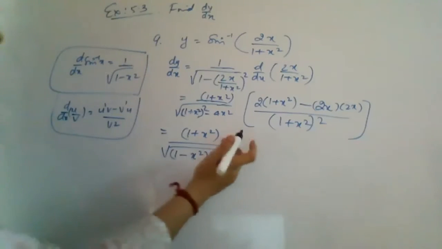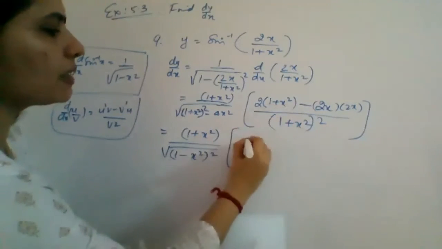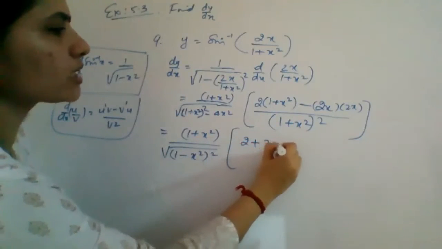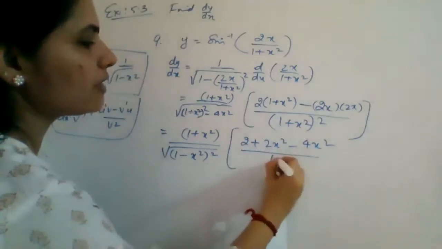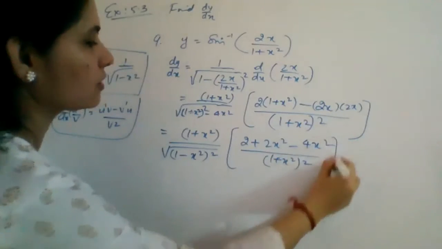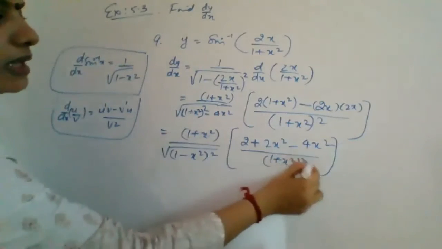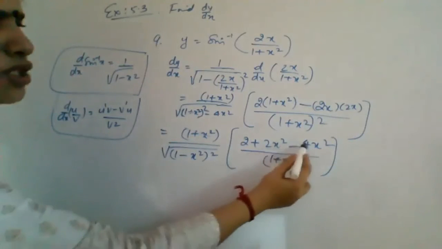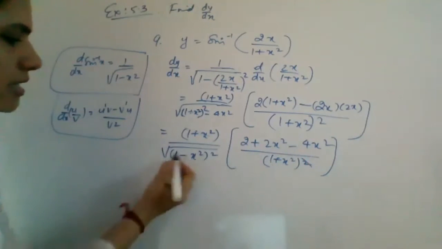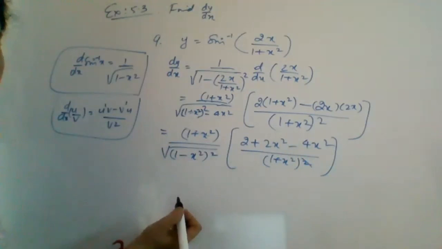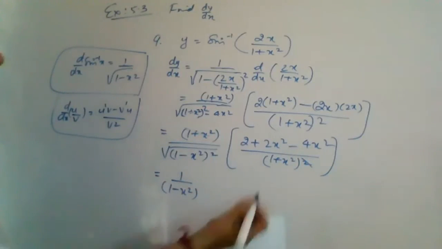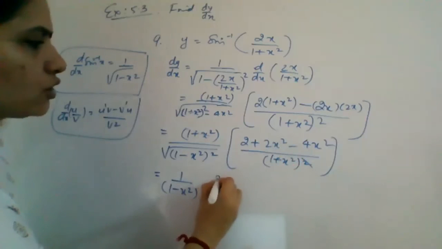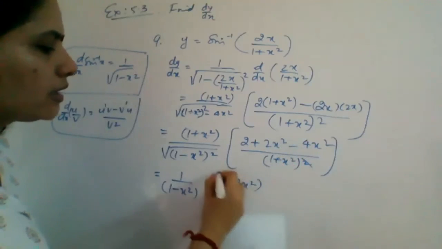In the next step, we can just take it out. Here what will happen? After expansion, 2 plus 2x square minus this will give you 4x square, correct? Divided by 1 plus x square the whole square. Now 1 plus x square can be cancelled. These two will give you minus 2x square, and here you have root as well as the square. So this will come out as 1 minus x square, right? And here you will get 2 minus 2x square in the numerator.